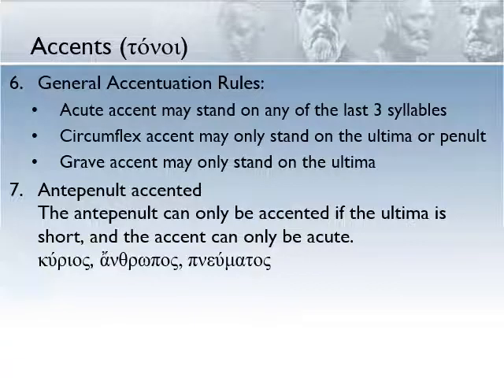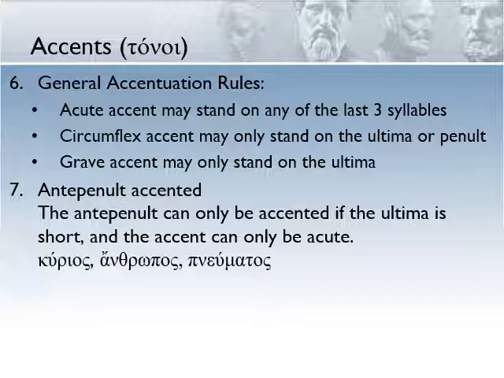Now, the accent is an acute accent on the antepenult. You can see that's the third syllable back in the word. And it is appropriately an acute accent. When the antepenult is accented, it must be acute. And the acute accent can only stand on the antepenult if the ultima is short.